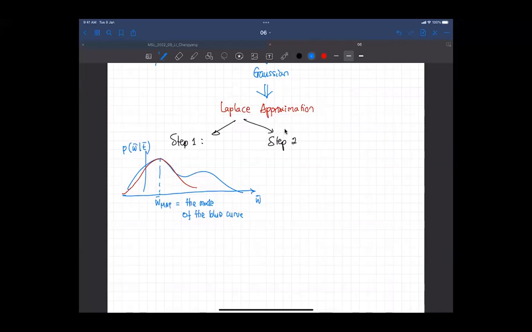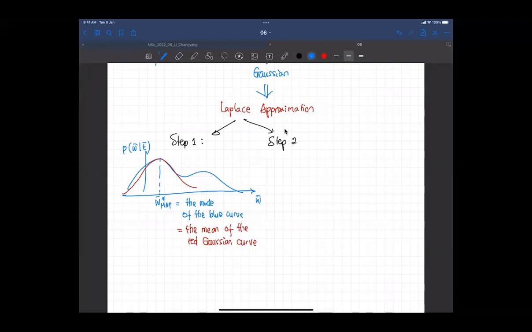And the mode of the blue curve is actually equal to the mean of the red Gaussian curve. So basically, that's something that we want to find out. WMAP. Why this is MAP, I will explain later on. But basically, this is W star that we want to estimate.